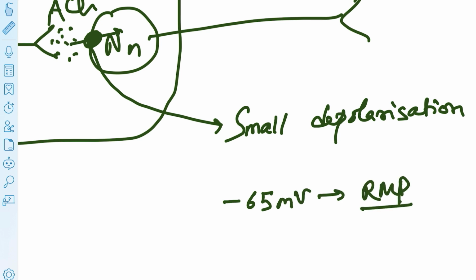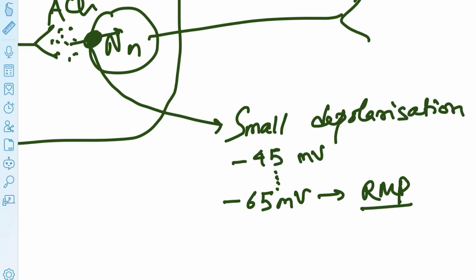Now neurons have a different resting membrane potential than skeletal muscles. We will talk about the resting membrane potentials later in a separate video. So suppose neurons have -65 millivolt resting membrane potential, and opening of an N type of nicotinic receptor will make the membrane potential a bit positive, to around -45 millivolt. So around a 20 millivolt increase in the membrane potential takes place.